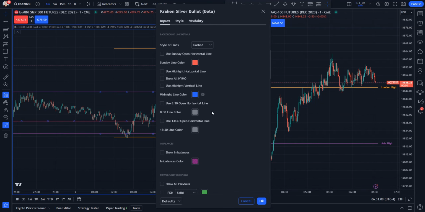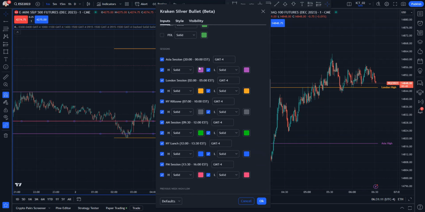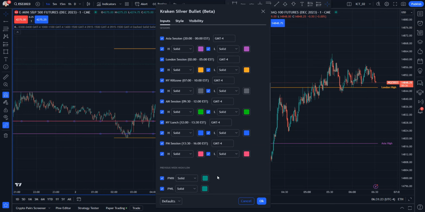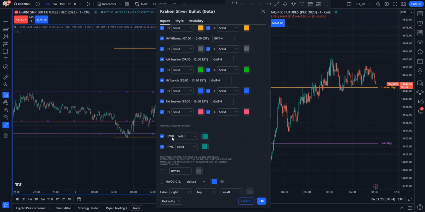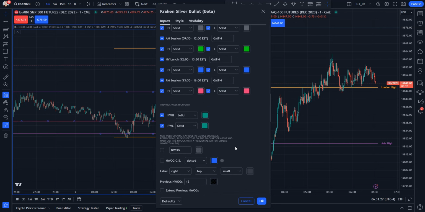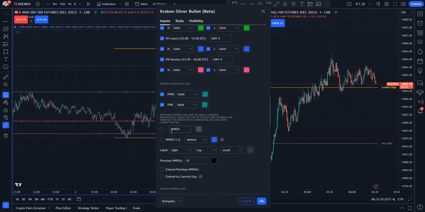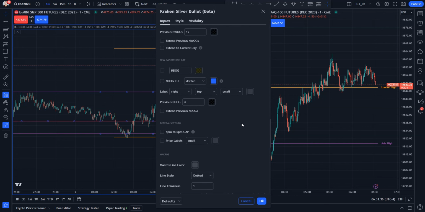These are the session highs and lows: high, low, high, low. Put in the colors here: Asia, London, New York, the AM session, New York lunch, PM sessions. Those are the previous week high and low, and this new week opening gap area plots. So there's a lot of settings here.